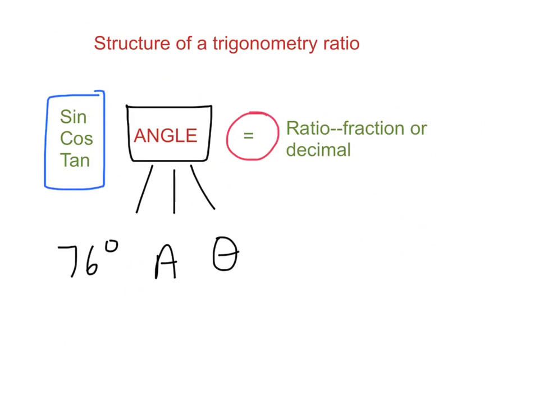It's equal to the ratio. Now the ratio might be a fraction, for example, 4 over 5, or a decimal. The decimal might be 0.345. So we're going to talk about in a minute the values that these decimals can take on, but this is what every question should have. A trig ratio, an angle, an equal sign, and a ratio in the form of a fraction or a decimal.